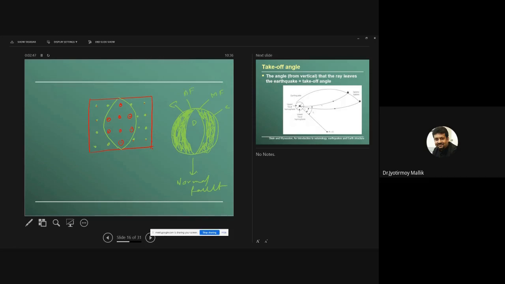Now I don't know which one is main fault, which one is auxiliary fault. So now if I observe a beach ball diagram where both sides are compressional, in between is extensional, it looks like this. I know the fault responsible for creating this earthquake is a normal fault. Because of this logic.